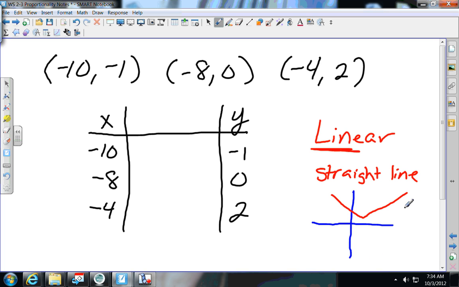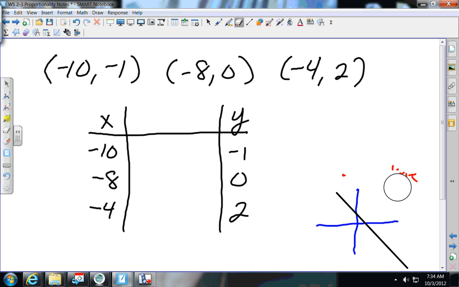These are straight, but it's not a total straight line. Exactly. Very good. That's not linear. How about that? Yes, this is linear. That makes a straight line.